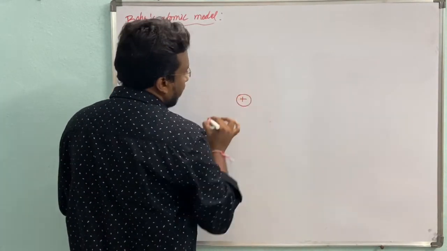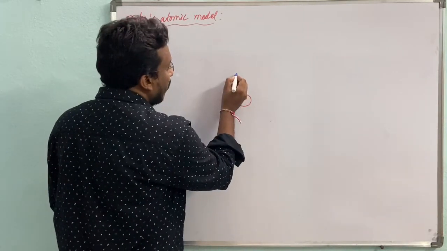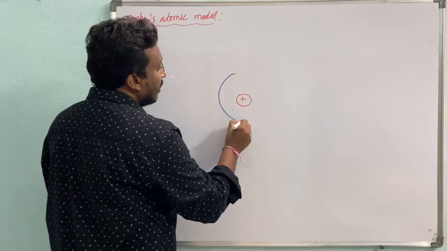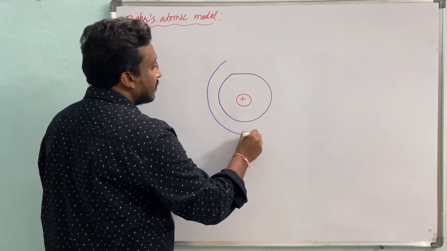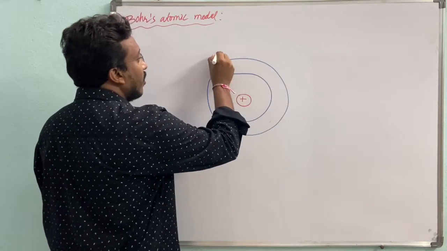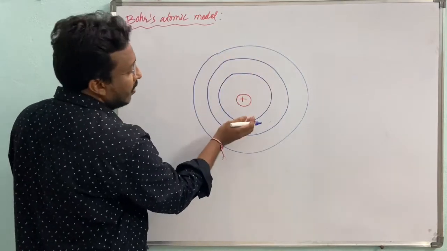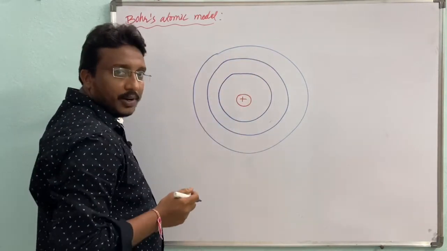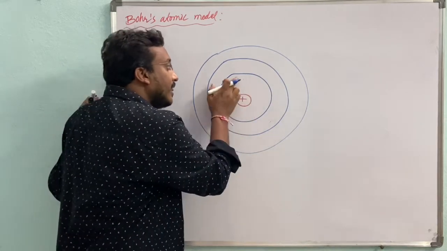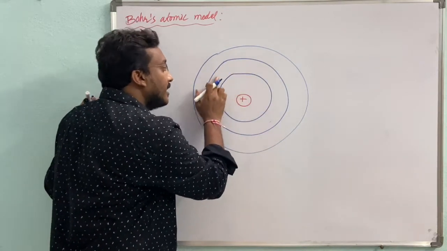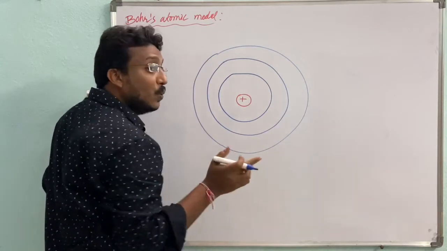According to his atomic model, the electrons revolve around the nucleus in discrete orbitals. These circles indicate the orbitals. When an electron revolves in these discrete orbitals, it will not lose its energy.